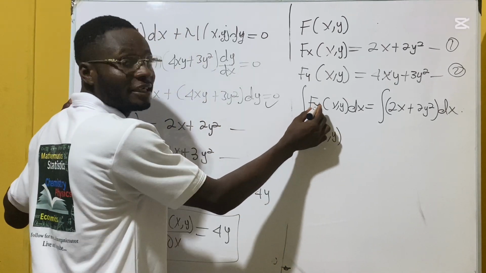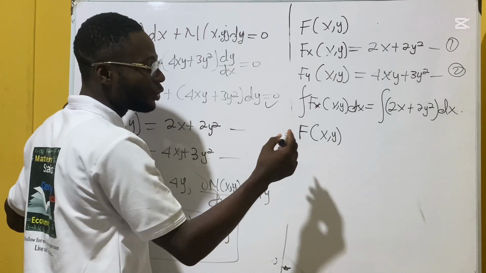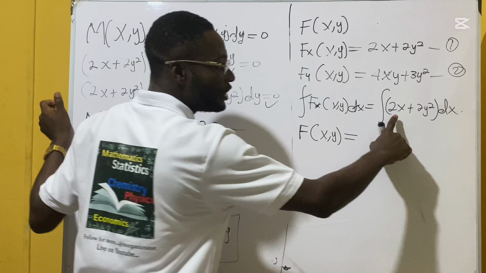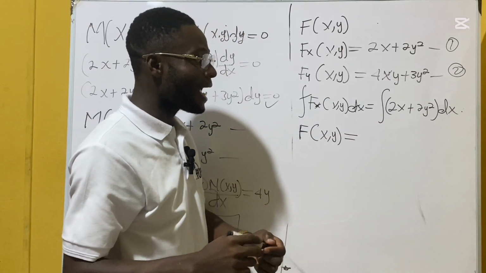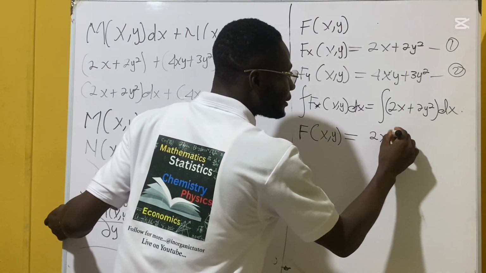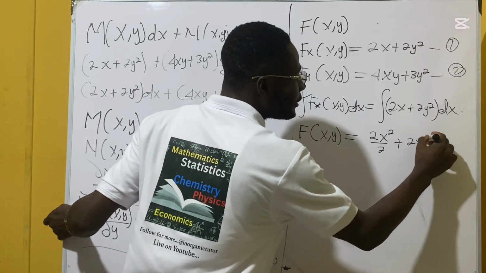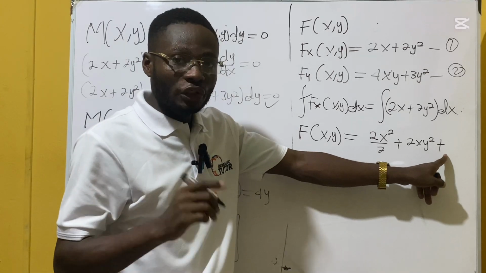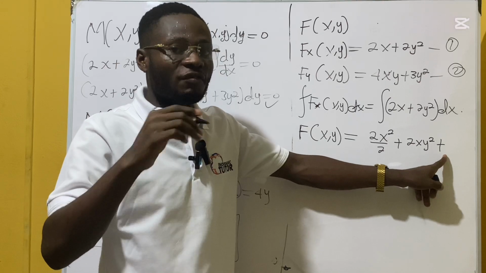Okay, so we have f of x and y is equal to 2x squared over 2 plus 2xy squared plus, here we are not going to add a constant of integration c, but rather phi of y.